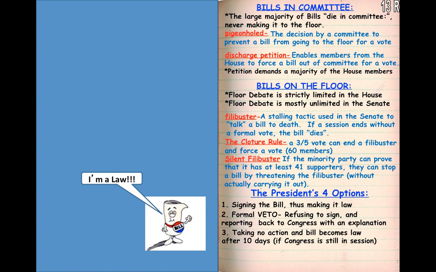Because remember the idea of the override veto, where if Donald Trump formally vetoes the law, then it could go back to Congress and Congress would be able to override said veto with a 2/3 vote. So this is kind of like by default, if he takes no action with Congress still in session after 10 days, it becomes a law.